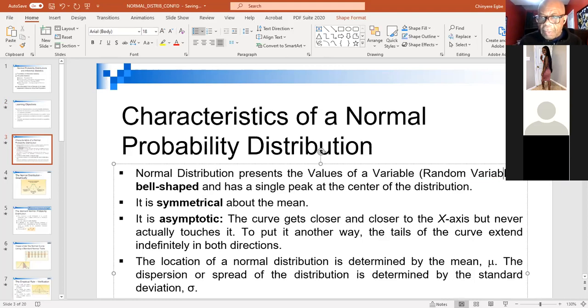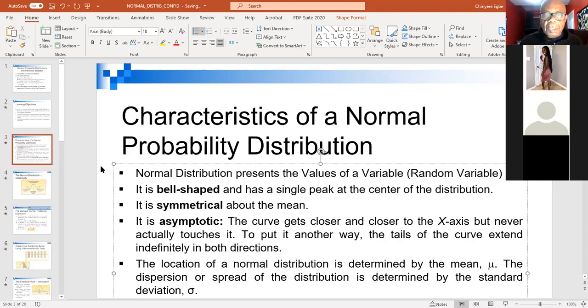And what's a random variable? A random variable is a variable that changes its values. All right, so now as you already know, the normal distribution is bell-shaped. It is symmetrical about the mean, about the mean mu.